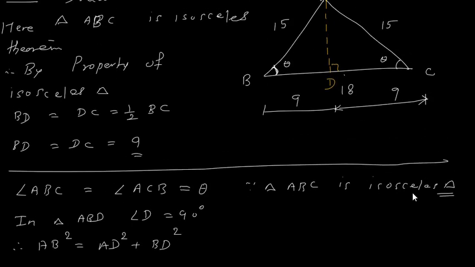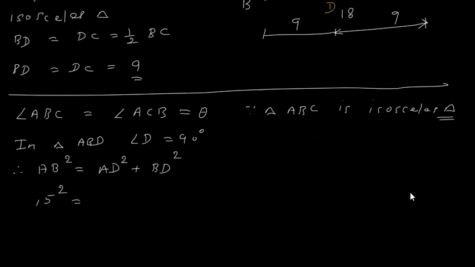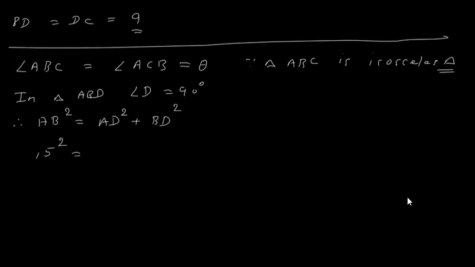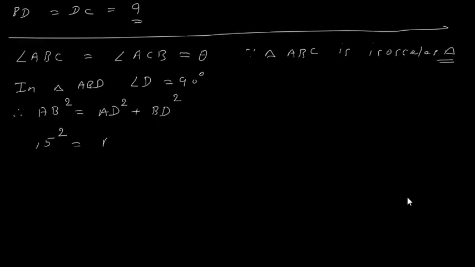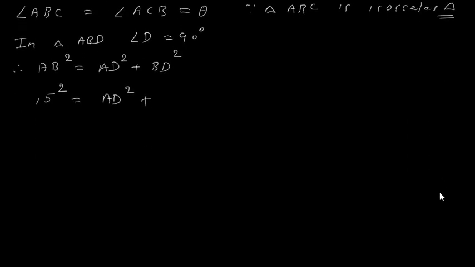Now the value of AB square is 15 square. So I have 15 square is equal to AD square plus the value of BD, 9 square. So therefore AD square is 15 square minus 9 square.